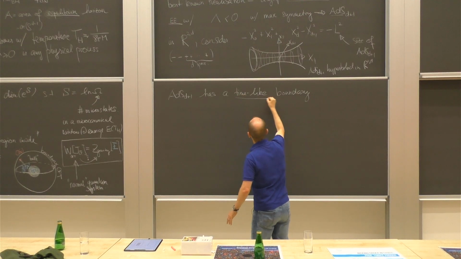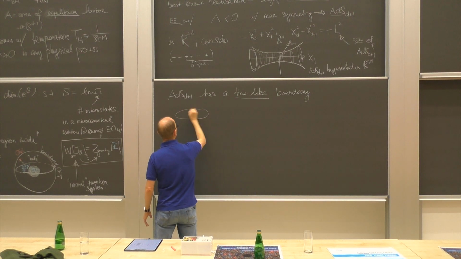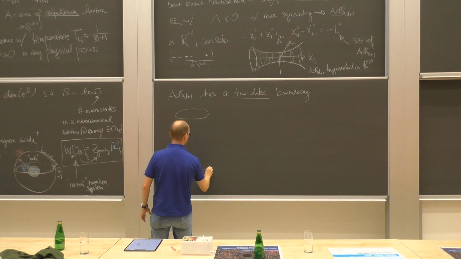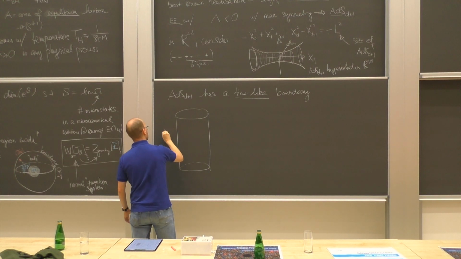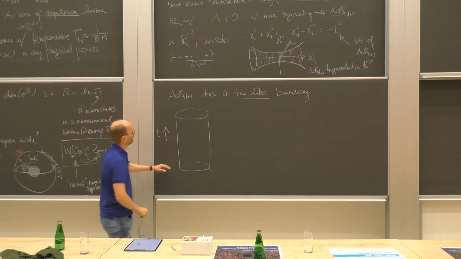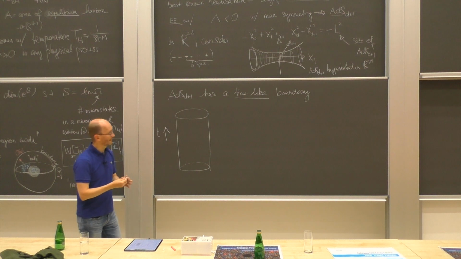And so the way to see that aspect is that people often draw this same thing as a cylinder, where Lorentzian time goes up from bottom to top. The mantle of this cylinder is, again, our boundary.